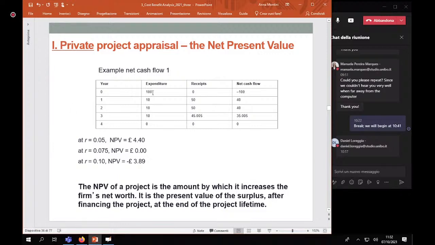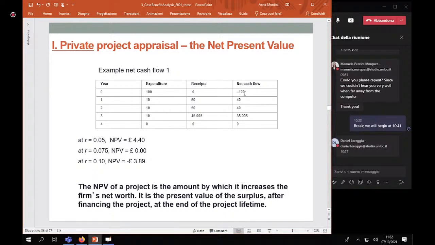You have a list of expenditures, a list of receipts for a private project that goes from year 0 to year 4. Year 0 is representing the present year, okay?